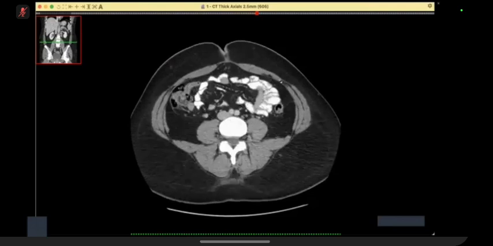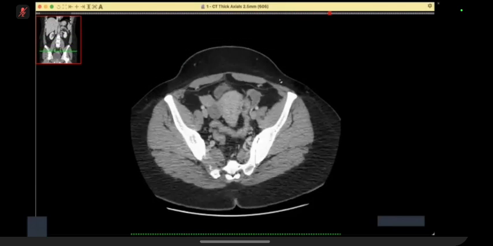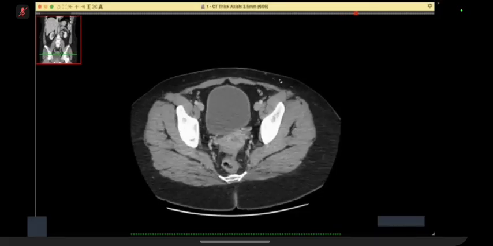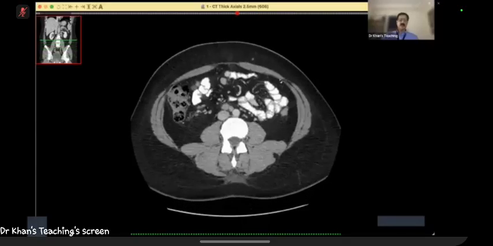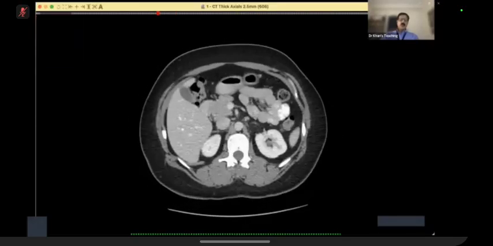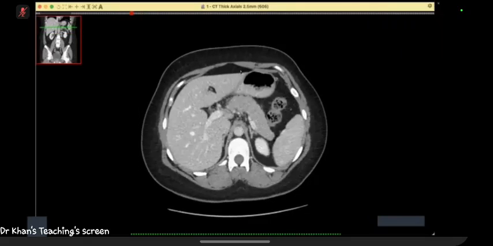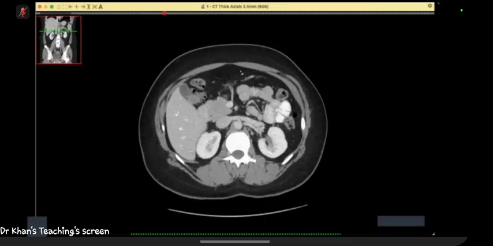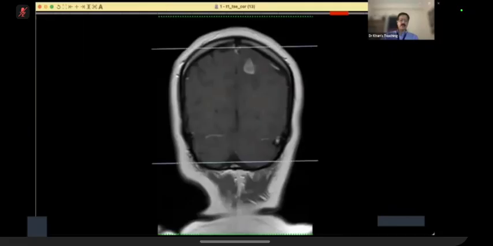I can see multiple enlarged lymph nodes, aortocaval, left para-aortic, and I think it's seen on the right. So what is your conclusion till now? Multiple enlarged mediastinal and abdominal lymph nodes.